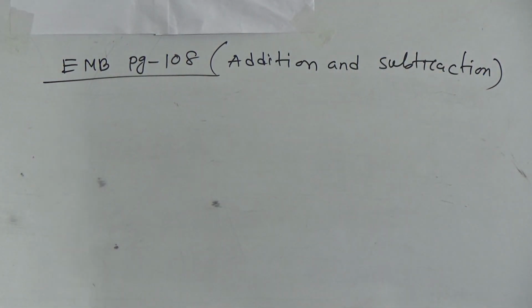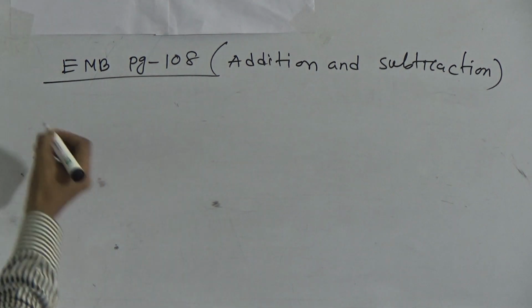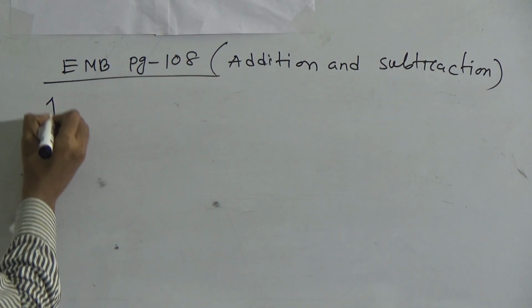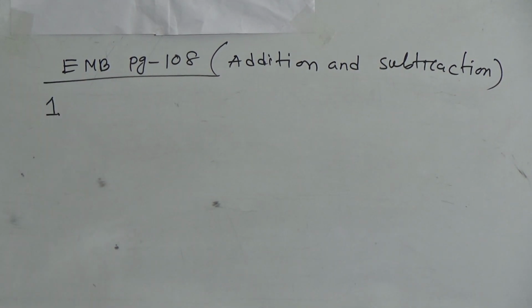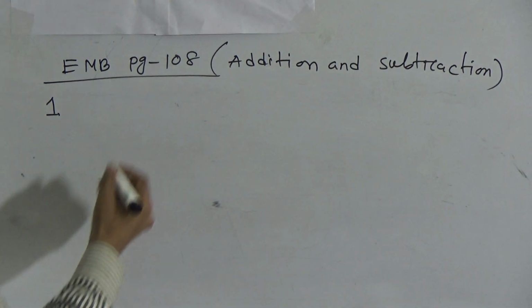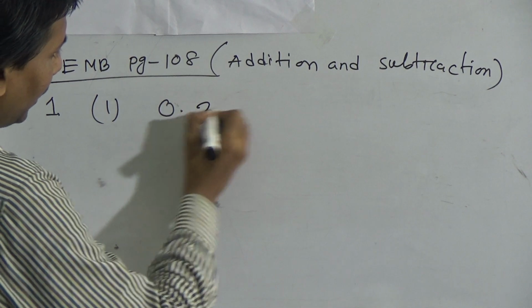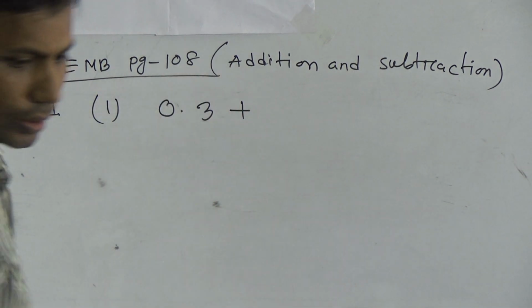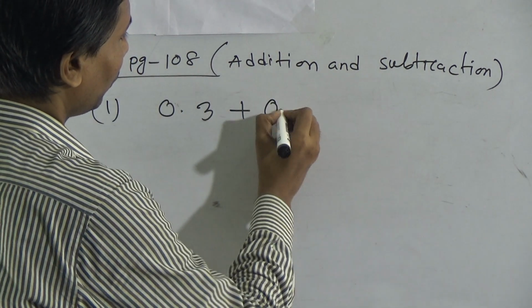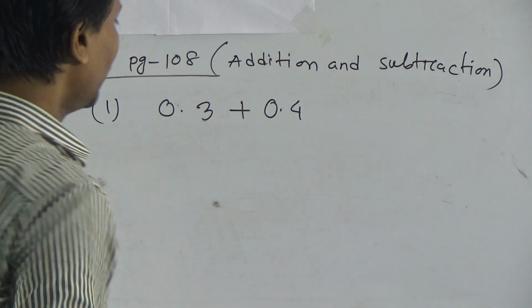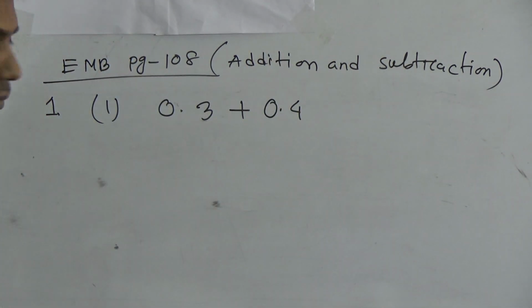Addition and subtraction. Suppose you see one number, this is the main number 1 of 1. 0.3 plus 0.4. You have to add this number.